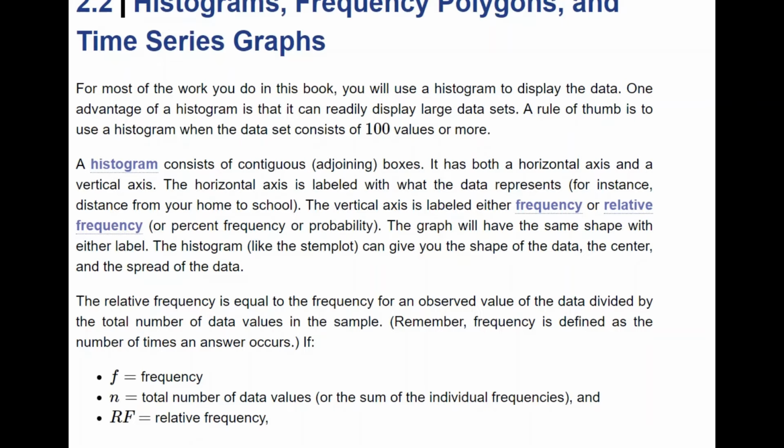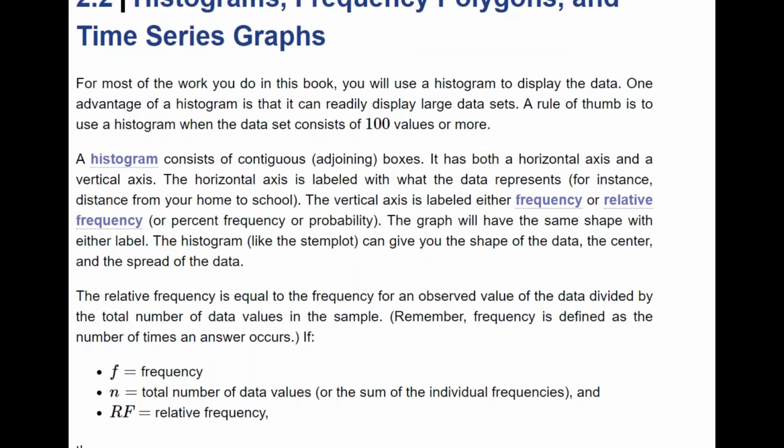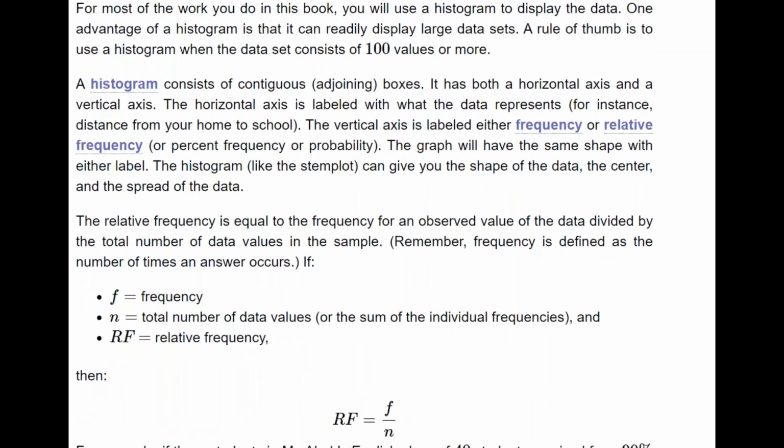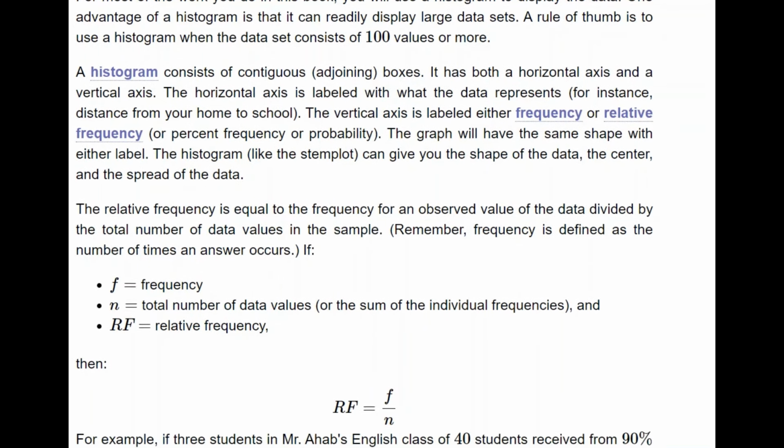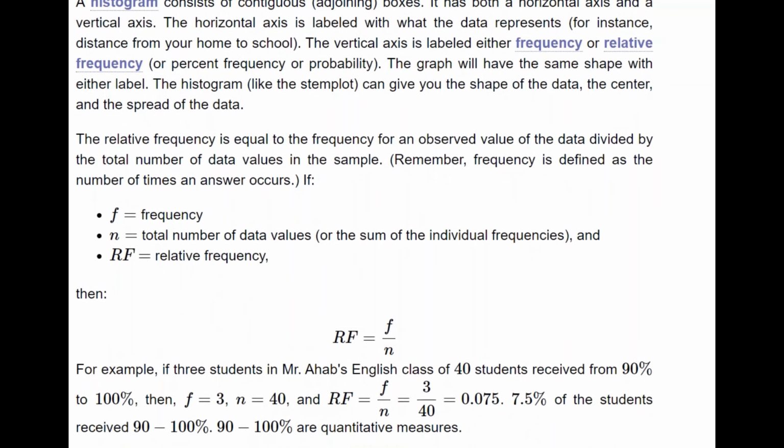So, if we represent the frequency by f and the total number of data values in the sample as n, then Rf, the relative frequency, would be represented by f divided by n. For example, if there are 3 students in a class of 40 students, then f is 3, n is 40, so Rf would be 3 on 40, which is 0.075, or represents 7.5% of students.